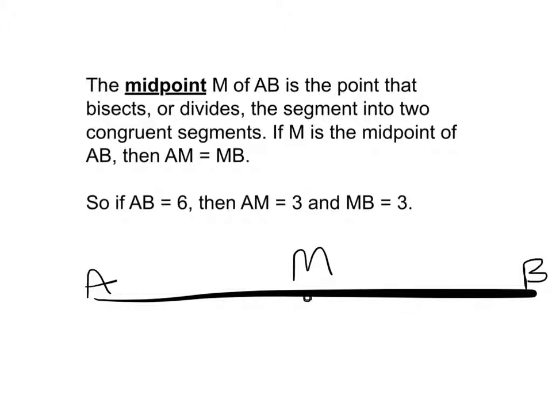So if M is the midpoint, then AM, this is AM right here, and this is MB. AM equals MB. So if the whole distance of AB equals 6, then that means AM is 3 and MB is 3.